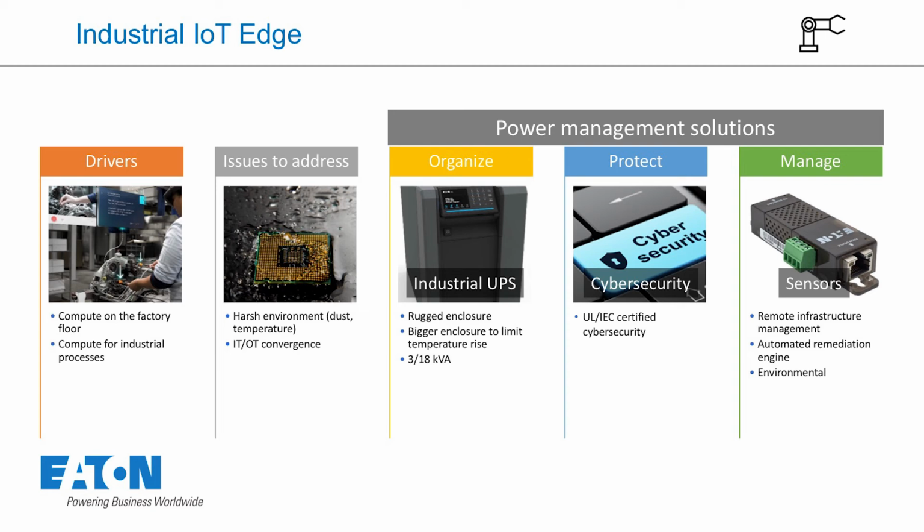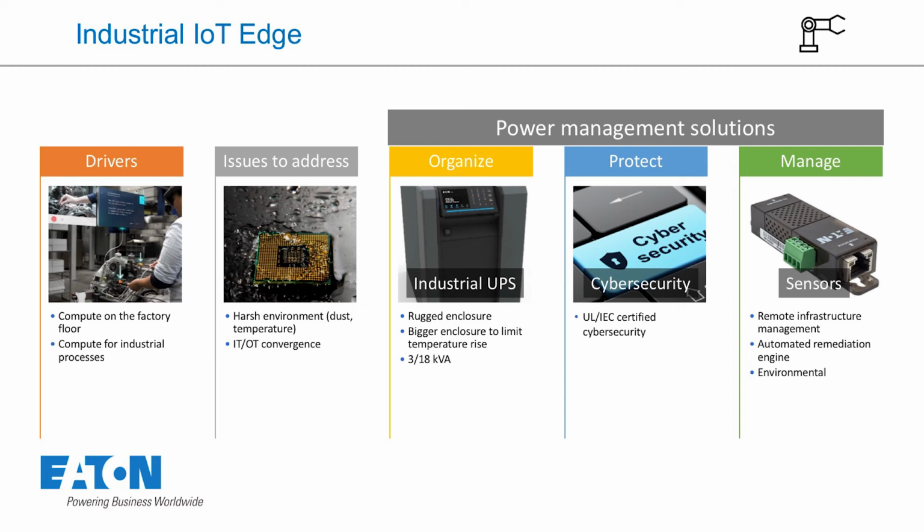If we want to organize, we need a good backup system. We need it to be rugged, right? Because it's going into harsh environments. It has to support these harsh environments, which usually are very high temperature scenarios. And we're looking at capacities that do not go beyond 20 kVA, N+1 if you're looking for redundancy, which is always a good thing.